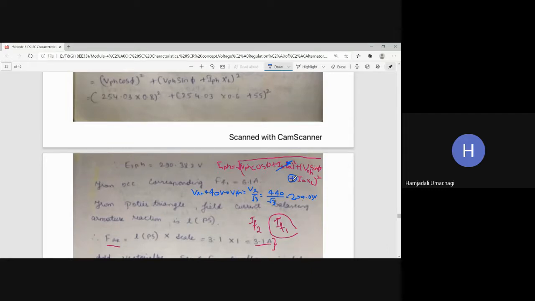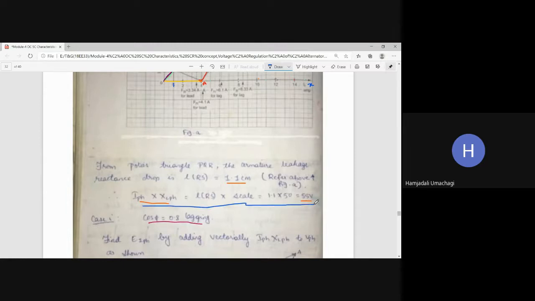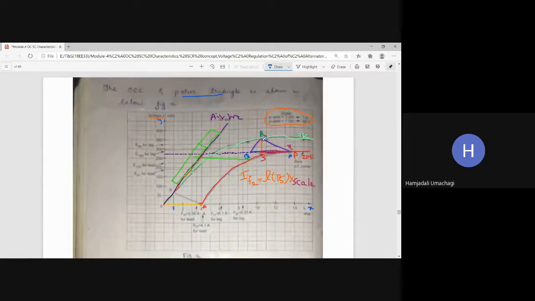Now take the plus sign here because it is a lagging power factor. Consider plus sign, plus I into XL. You have got this I into XL value from where? I into XL value you have already calculated from the Potier triangle. Length of RS into scale is nothing but I into XL.